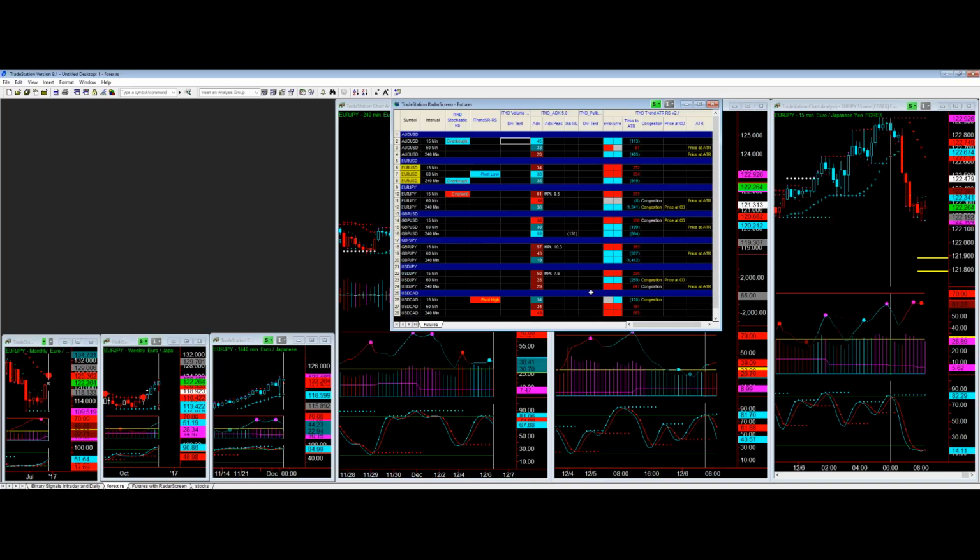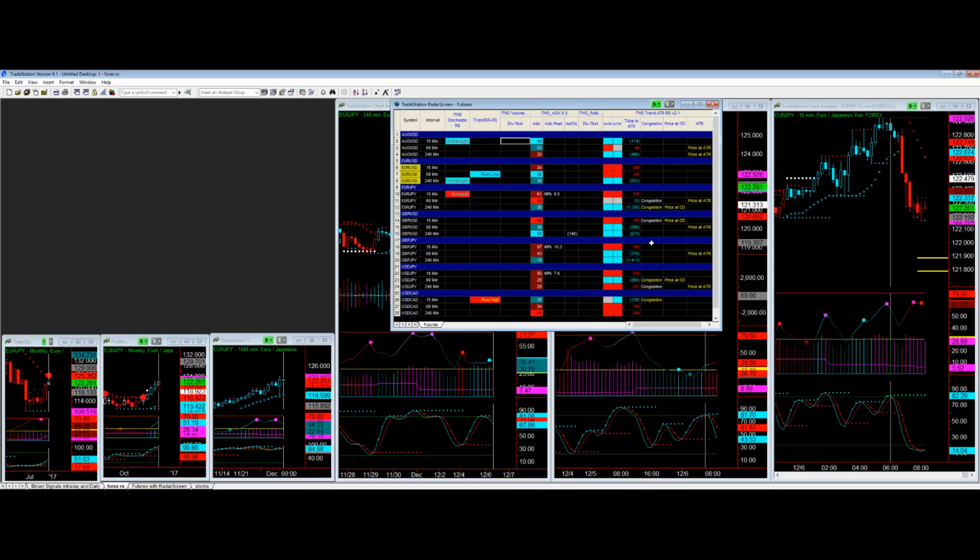The next column I have is a pullback divergence indicator, and this is measuring the volume on the way back to the ATR. Again, ATR is the entry point. We then have the trend ATR, and I can tell the previous bar trend, the current bar trend, and how many ticks away from the ATR price currently is.